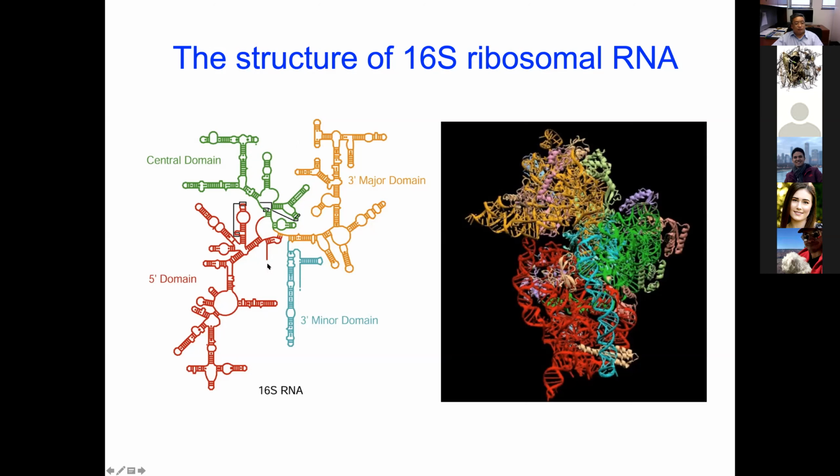The red region is the 5' domain, the green region is the central domain, the yellow region is the 3' major domain, and the cyan color is the 3' minor domain. So you can see RNA molecules can fold into very complicated three-dimensional structures, even though they only have four repeating units and can form base pairs in only two different ways.